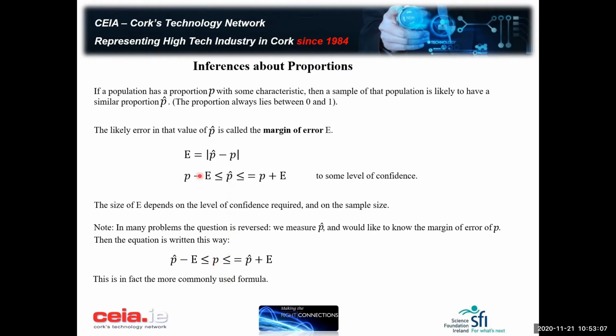So you normally do it the other way around and say, again, the same margin of error, but now the real value p of the whole population lies in a range around the p hat that you've got from the sample. And this is the version of the margin of error formula that you'll actually use in most cases.